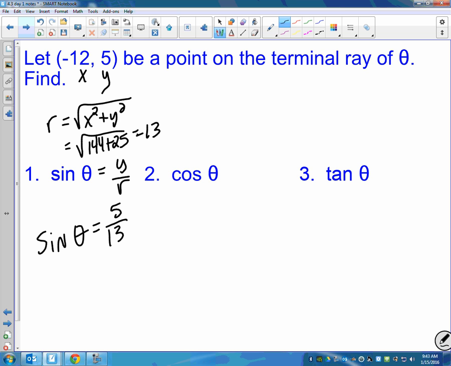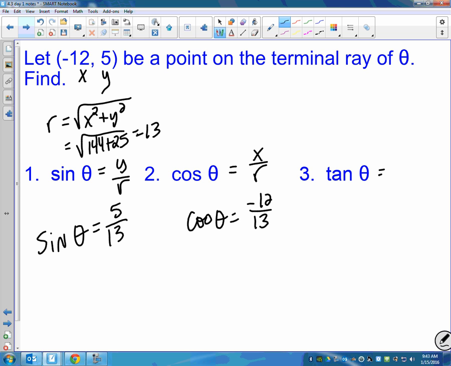So cosine is always x over r. My x value in this one is negative 12, so that means my cosine value is negative 12 over 13. The first time we've ever got a negative value, except for maybe this x.